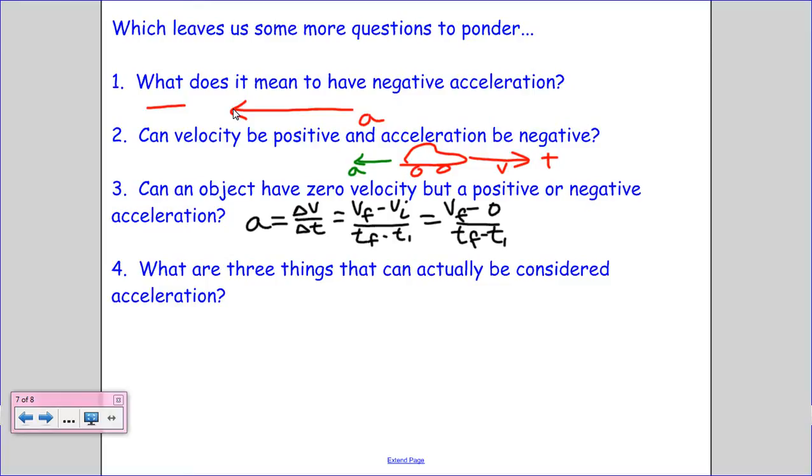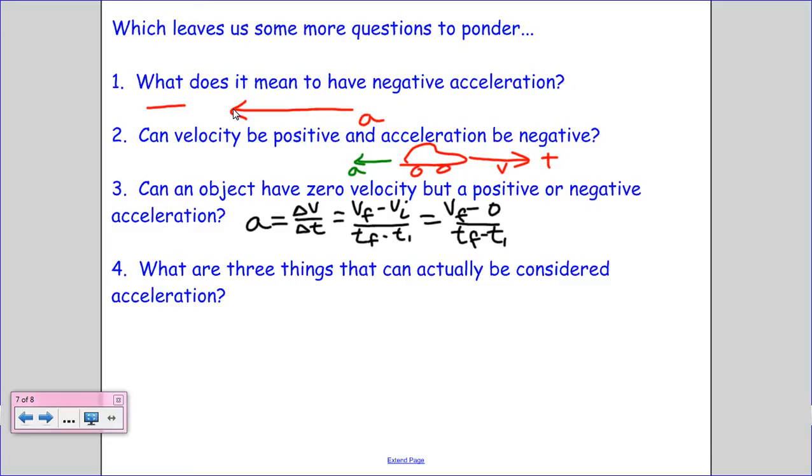So you're going to have an acceleration anytime your velocity changes from zero over time. It's possible that in between the time from the initial velocity to the final velocity, you might hit zero velocity. But it doesn't stay there. It is changing. And anytime that velocity changes, you have an acceleration.